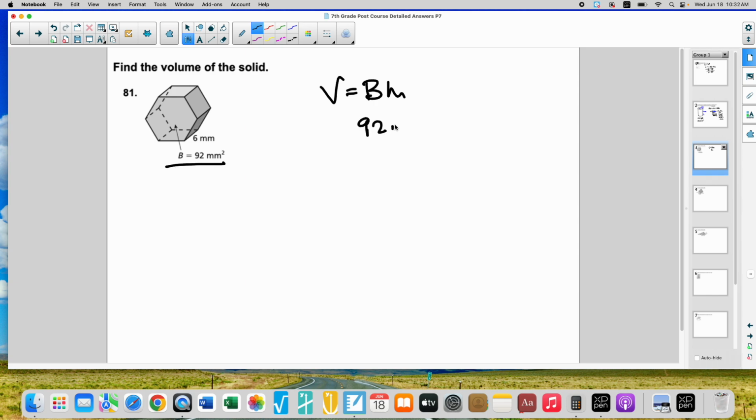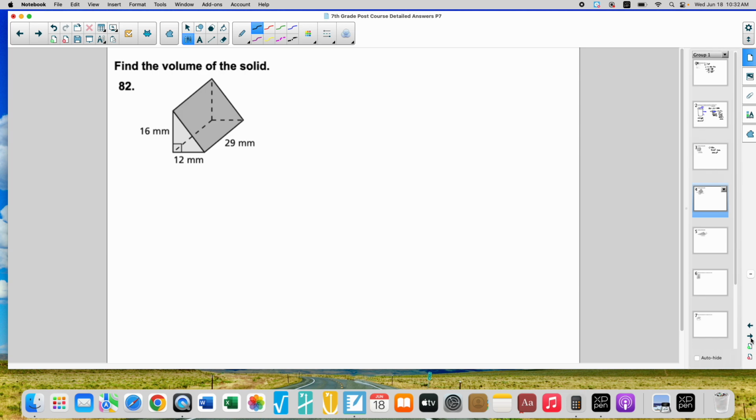So 92 millimeters squared times the height, which is 6 millimeters. So that's 552 millimeters cubed, the volume. That was super easy. They don't typically give you the base area. That made it very nice.